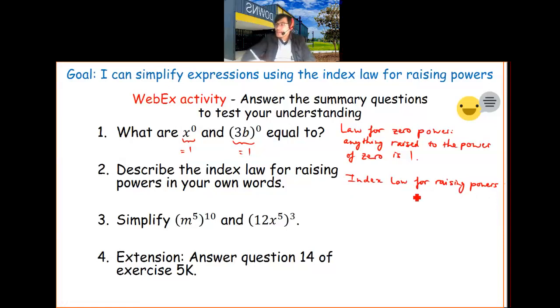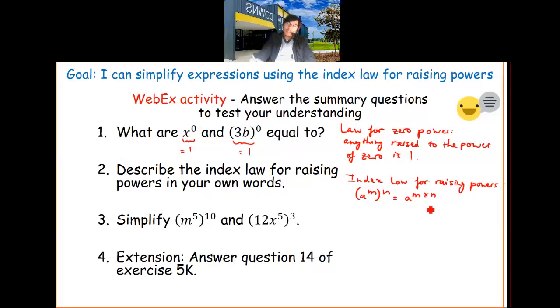The index law for raising powers says this. And Larissa says that a power can be simplified by multiplying the indices. That is the index law for raising powers there, Larissa. That's good.